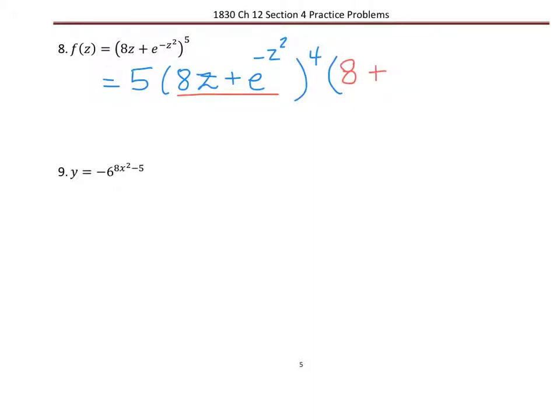And the derivative of e to the -z squared is e to the -z squared multiplied by -2z, which is the derivative of that power.